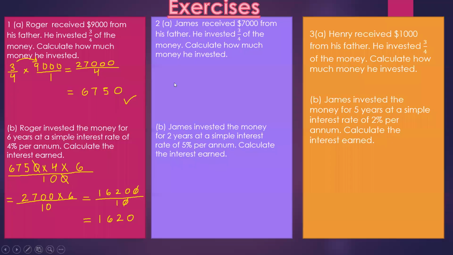So tell me how to do exercise number 2. Firstly, you put the 3/4 times 7,000 over 1. And 3 times 7,000 would equal 21,000. And you would divide that by 4, which is 5,250. Good. So 3 times 7,000 is indeed 21,000.